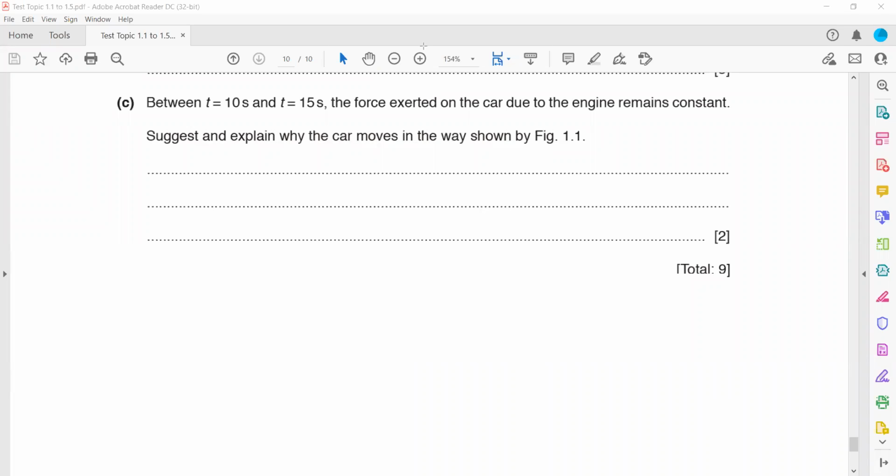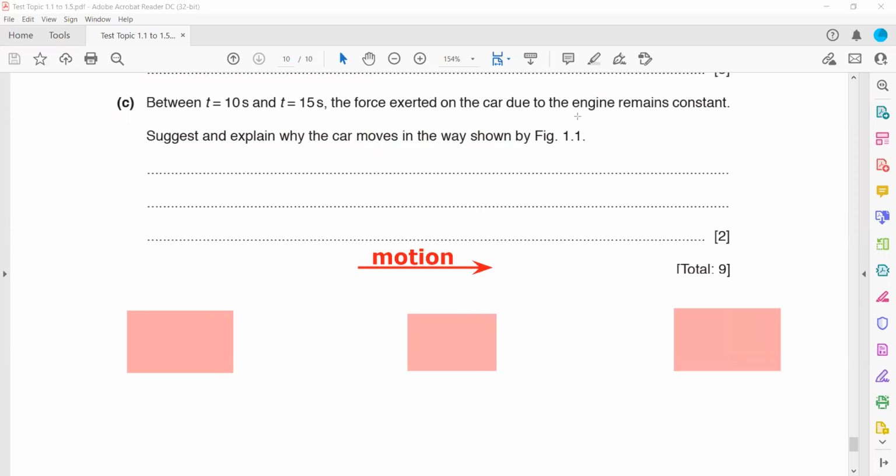for example, if I say the car is moving towards the right hand side, so this is the direction of the motion. These are the three positions for the car.